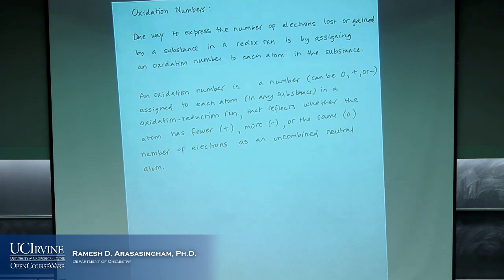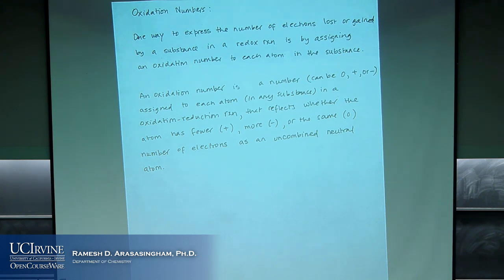If it has more, the oxidation number will have a negative sign, or the same, that will be 0, as the number of electrons as an uncombined neutral atom. So oxidation numbers are just a way for us to keep track of electrons. Okay? And so an oxidation number can be positive, negative, or 0.